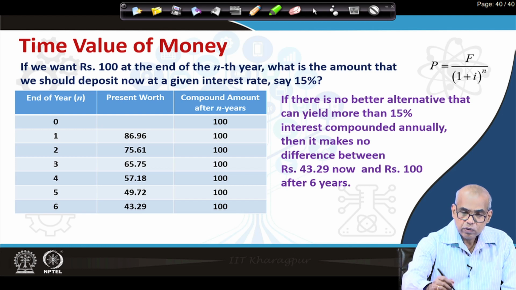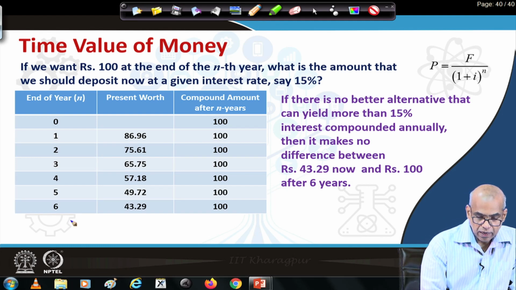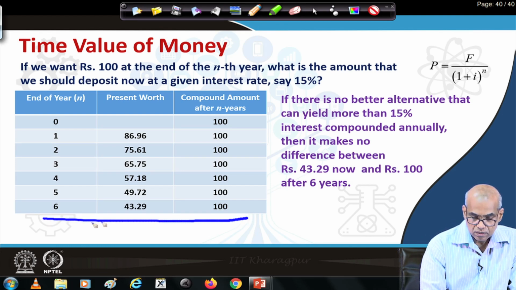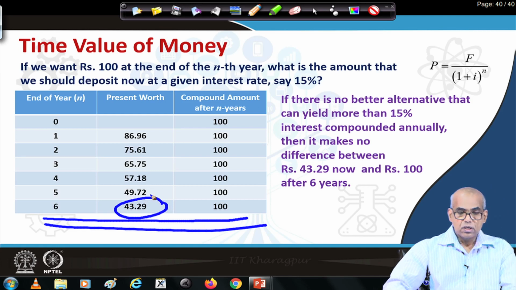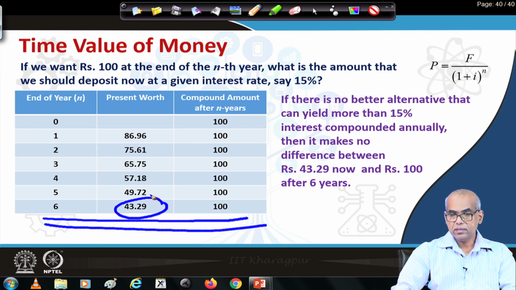Now, you can see that at the end of 6 years, if you want rupees 100 today, you have to deposit rupees 43.29 if the interest rate is 15%. So, if there is no better alternative that can yield more than 15% interest compounded annually, then it makes no difference between rupees 43.29 now and rupees 100 after 6 years.